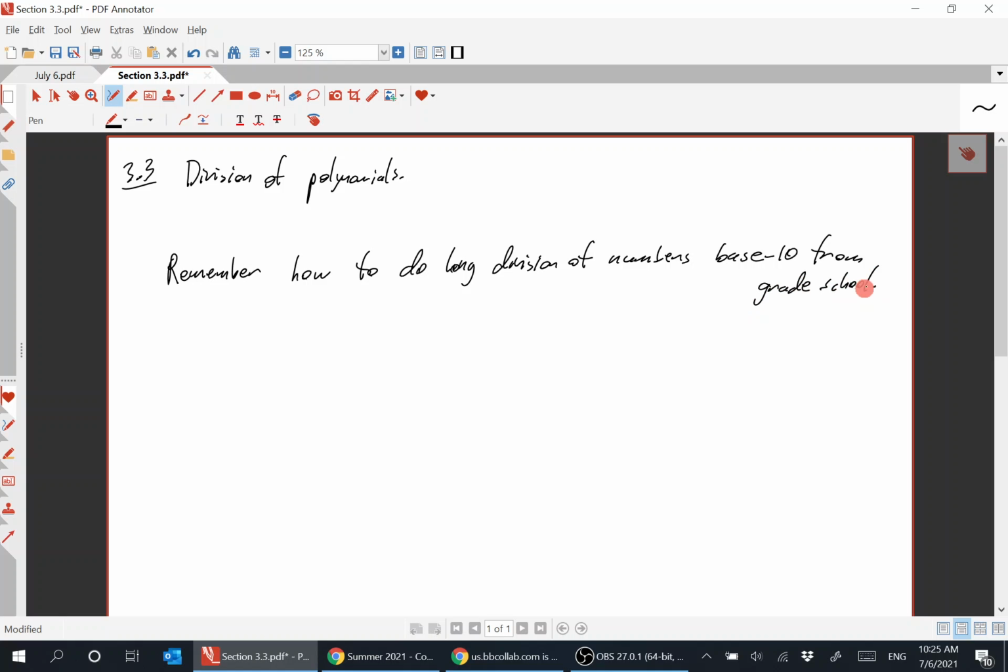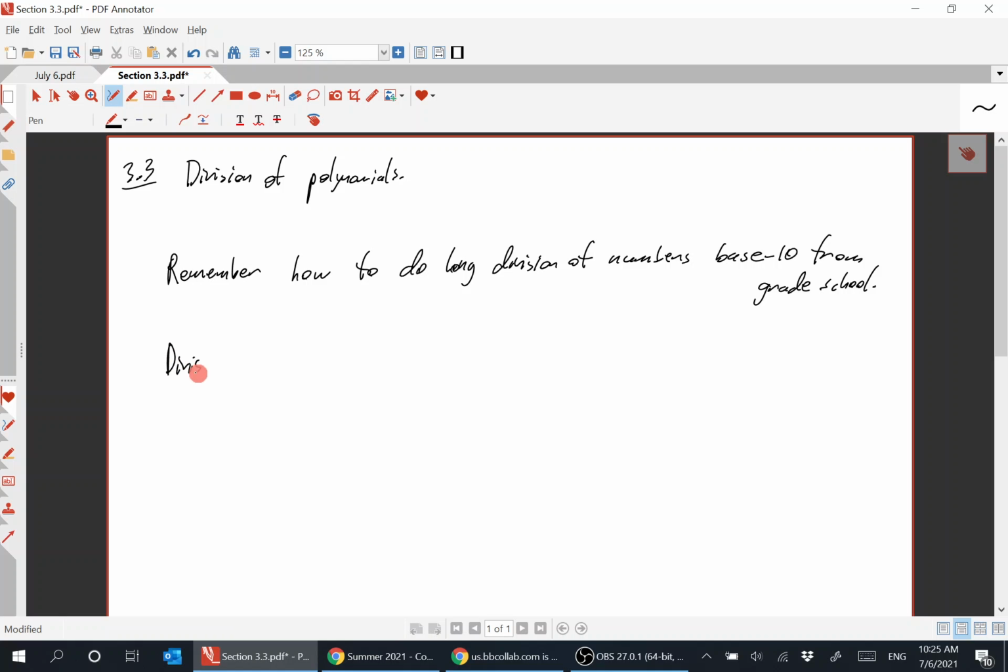I don't know, it's 4th grade or 5th grade when you learn that. Numbers base 10 are just polynomials, right? They're polynomials where x is actually equal to 10.